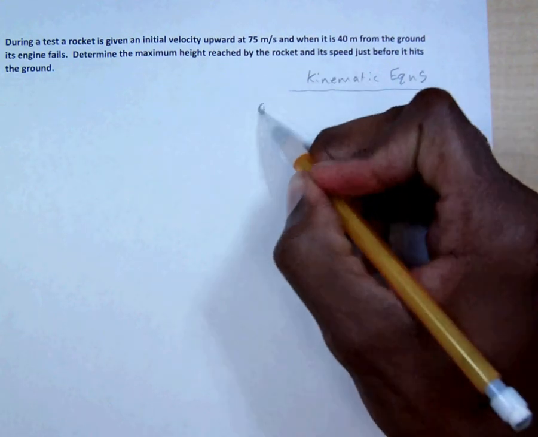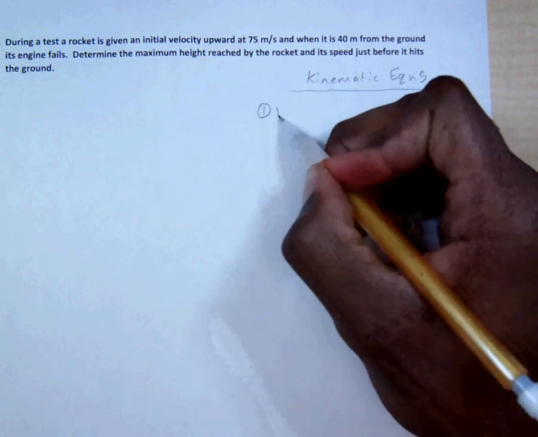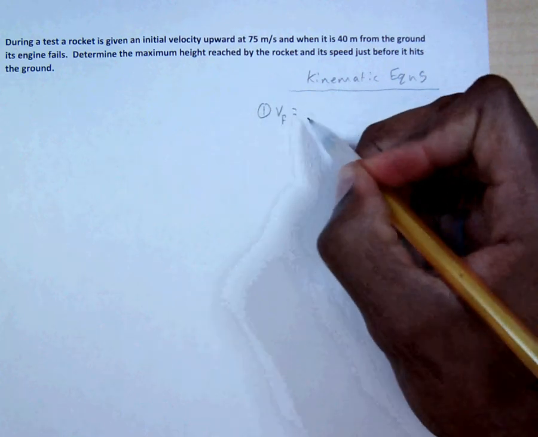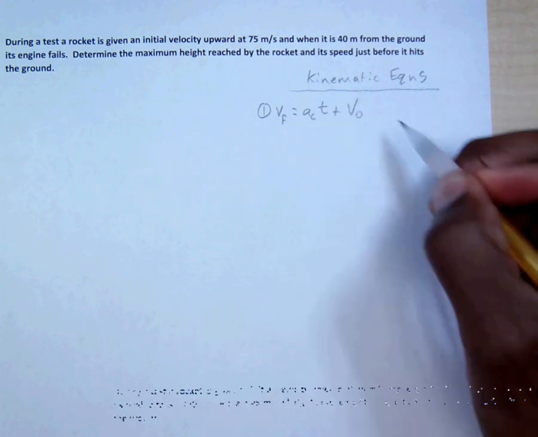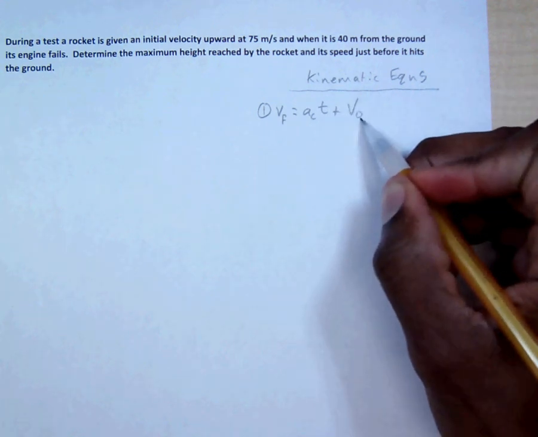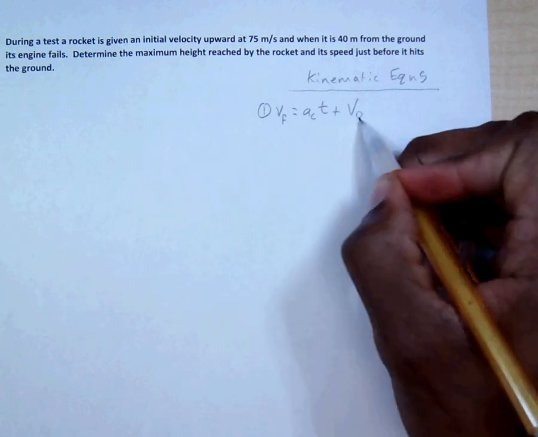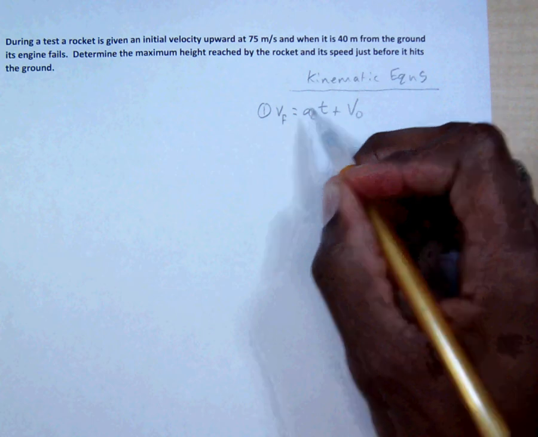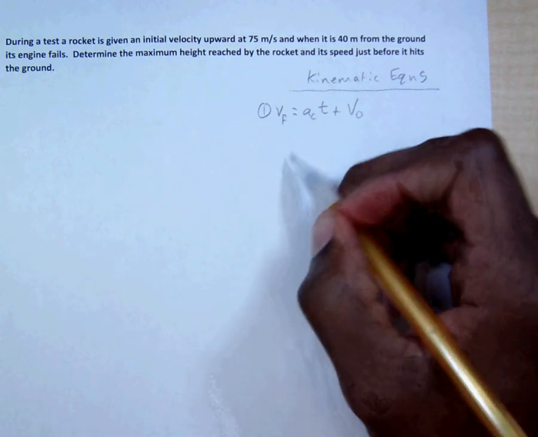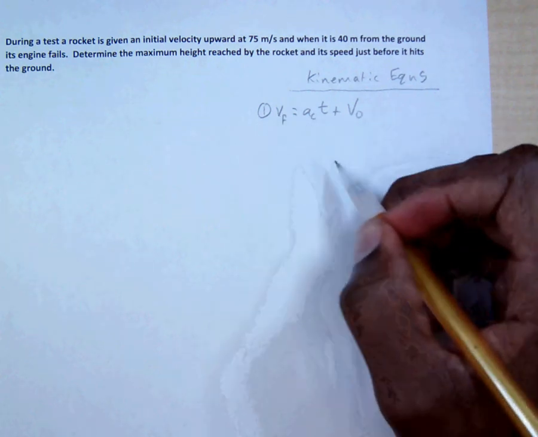The first equation is that your final velocity equals your constant acceleration times your time plus your initial velocity. The sub O means initial, the sub C means constant, so constant acceleration, and the sub F means final velocity, or the final of whatever that variable is.